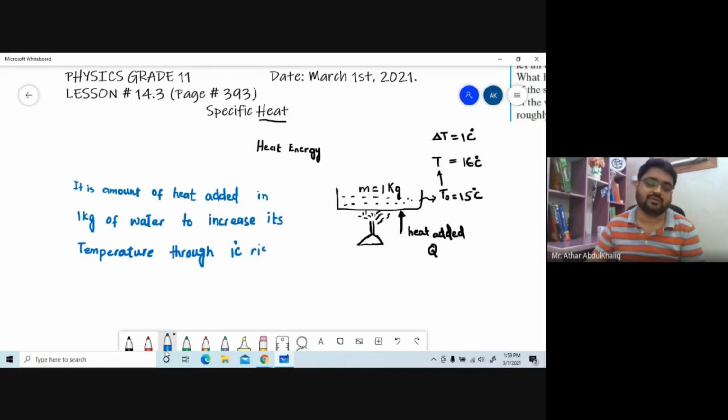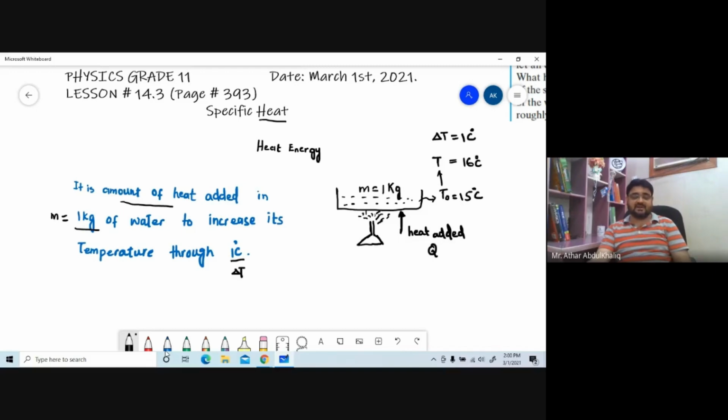So the amount of heat that is added to 1 kilogram of mass of water for a temperature rise of delta T, that amount of heat is called specific heat.